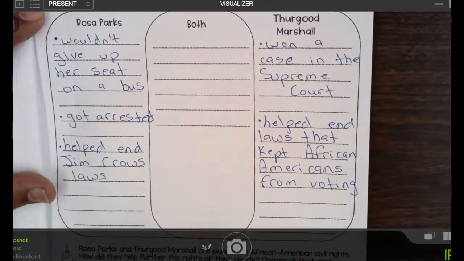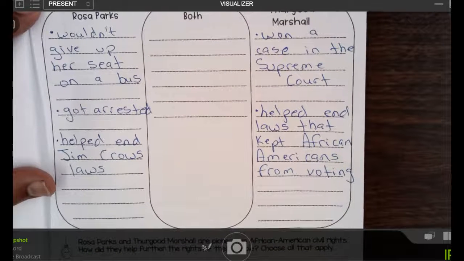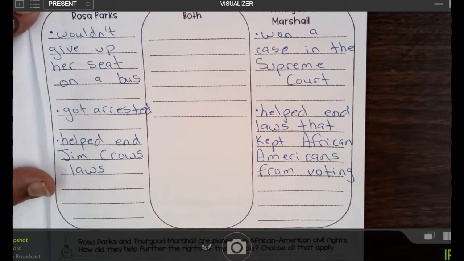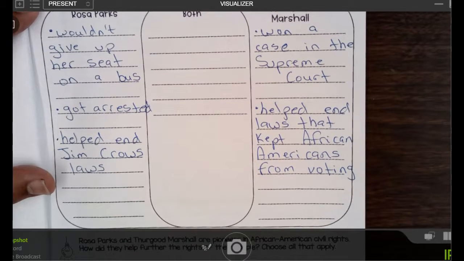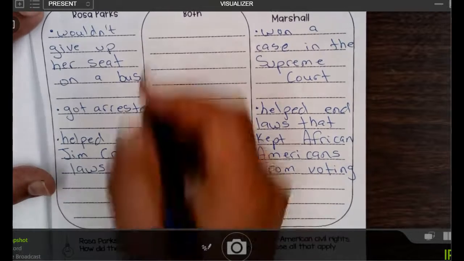And what do you think was the same for both of them? They helped bend the laws. Yes, they helped African Americans win rights, or make the rules better. You're right.